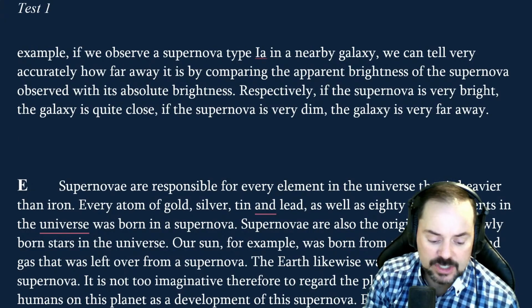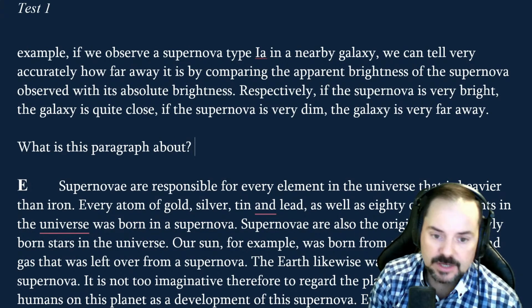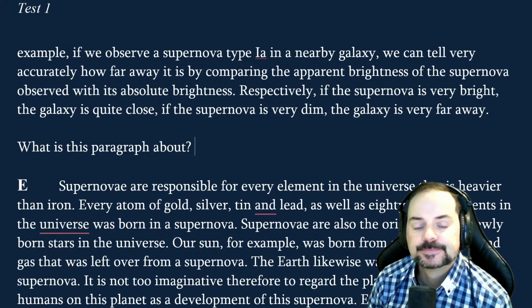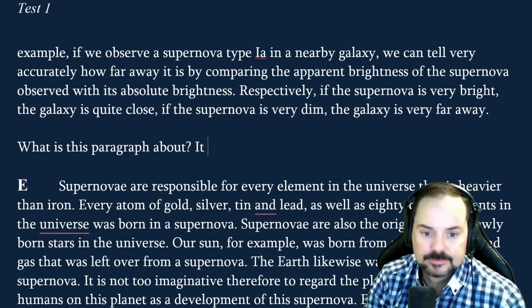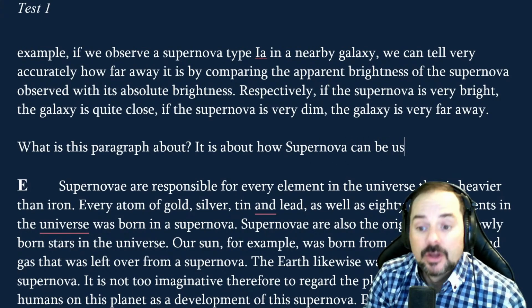All right, so question, what is this paragraph about? So what is it about, according to what you read? It is about how supernova can be used to measure a far distance between galaxies. Yeah, exactly. And very accurately. Yes, exactly.